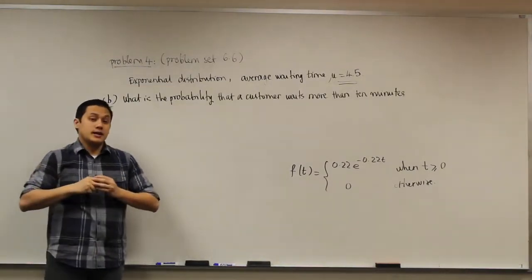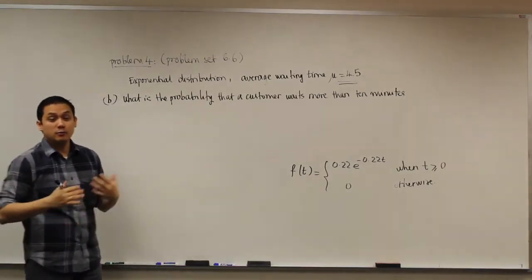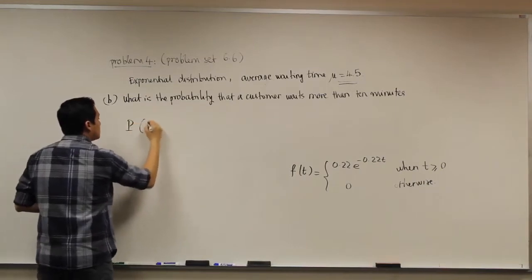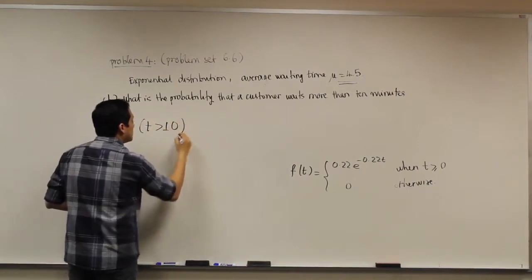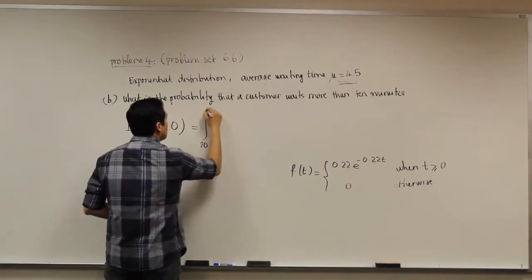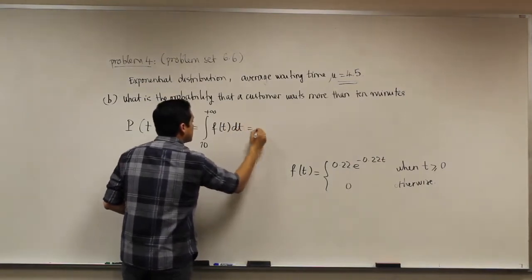In part B, they ask you to calculate the probability that the customer will wait in line for more than 10 minutes. So that is the probability of t greater than 10. This is equal to the integral from 10 to positive infinity of the probability density function.